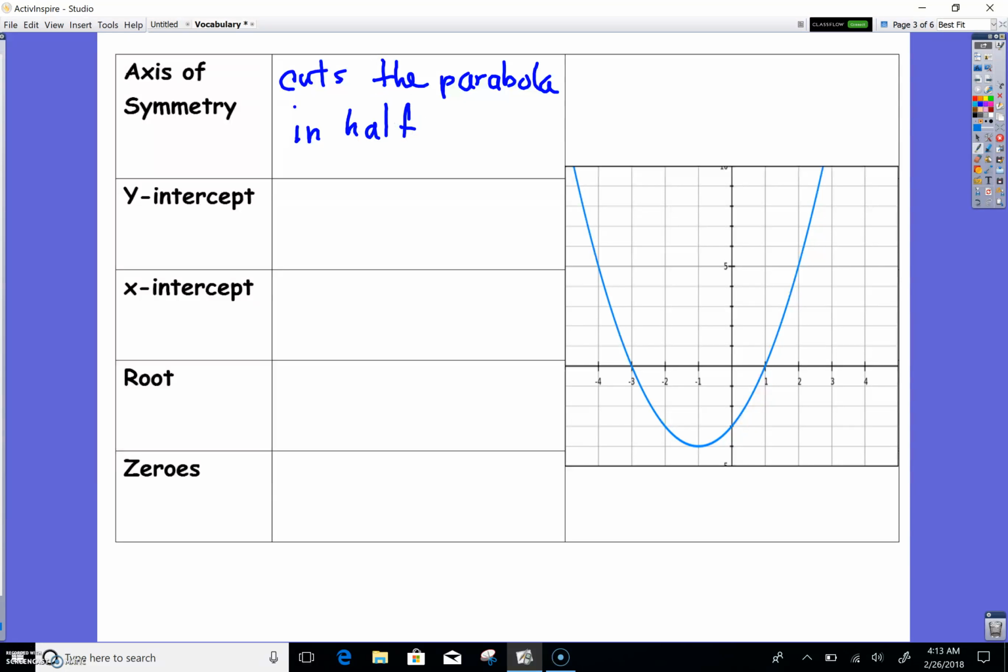See where my vertex is? This is my vertex down here. The axis of symmetry always cuts it at the vertex.